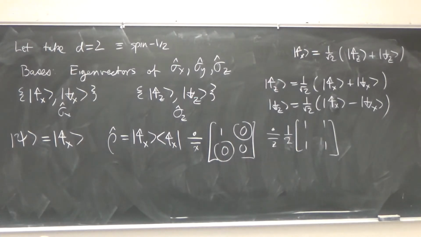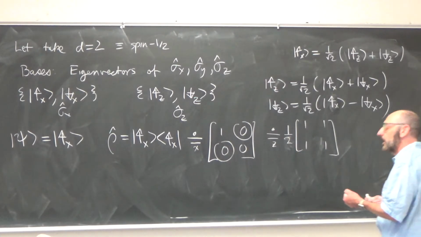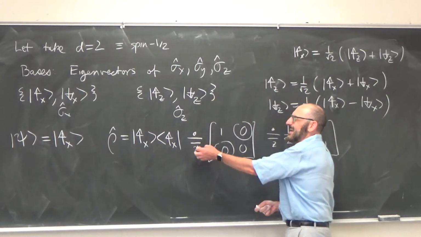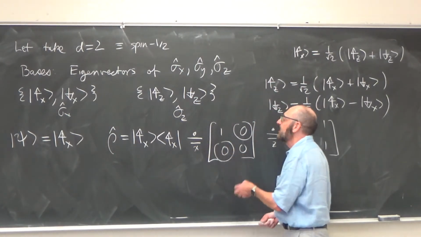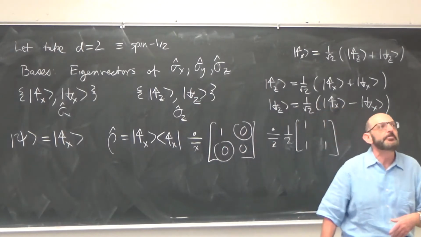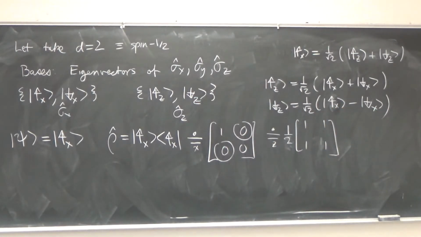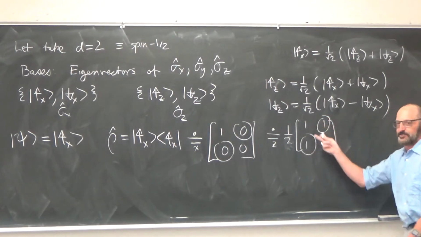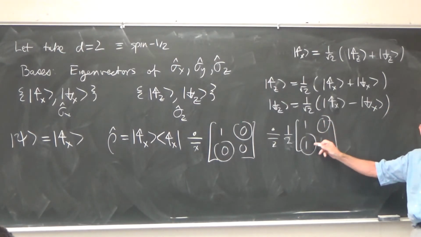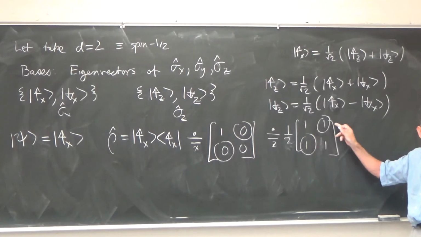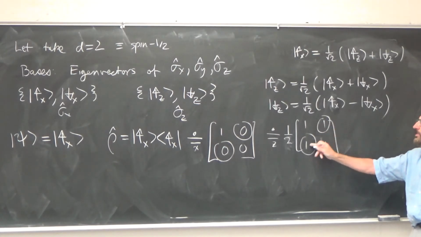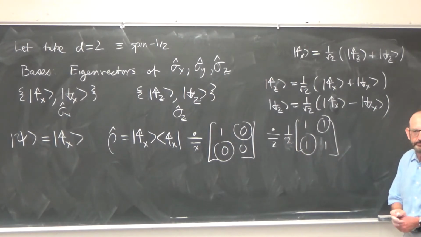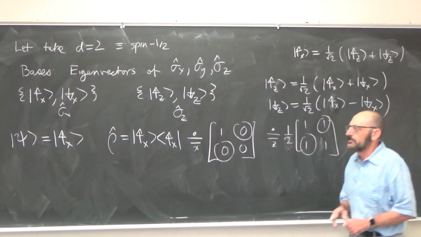So from the point of view of some kind of measurement that I would do here, there is no interference between different alternatives in X. However, there are off-diagonal elements here, which says that there is some interference effect associated with different alternatives in Z. Let's see how that works out.